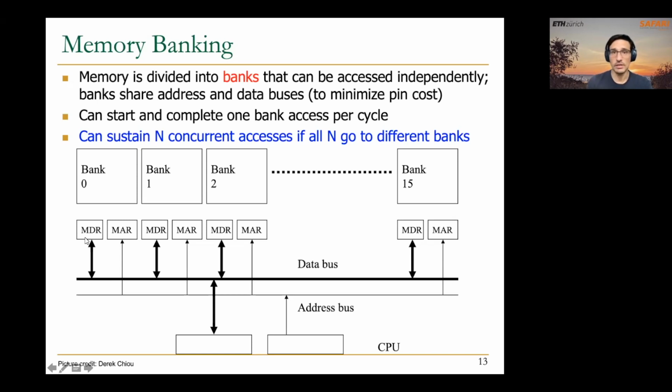It's exactly the same, but in the opposite direction, if we want to perform a write operation. The only point here is that from this address bus, we are able to place the address in one of these MARs in one cycle. So what that means is that we start the accesses to different banks in consecutive cycles.